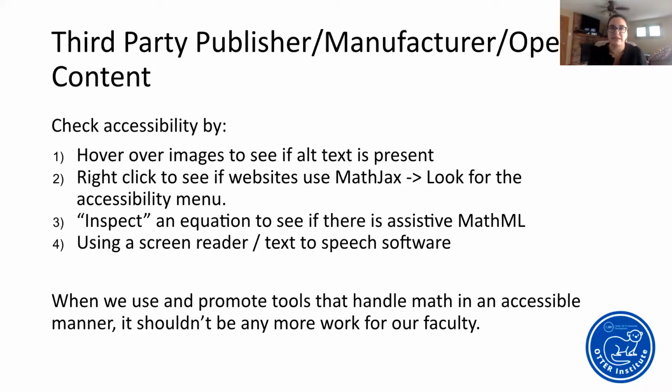You can also do that by downloading the image and seeing what the description is for that. Right clicking, as he showed on the one OpenStax textbook that had the MathJax accessibility menu there. And using screen readers or other kinds of assistive technologies manually to test it.